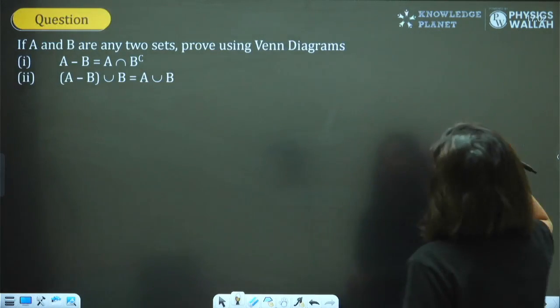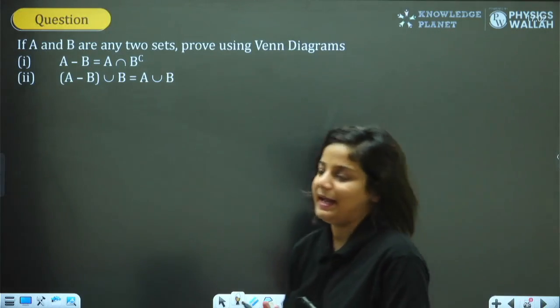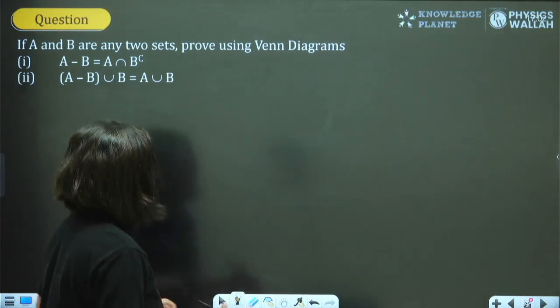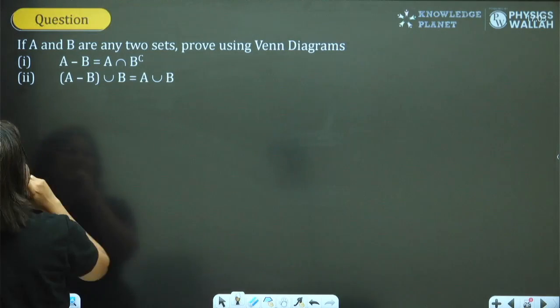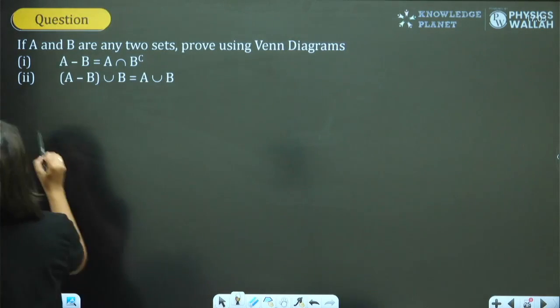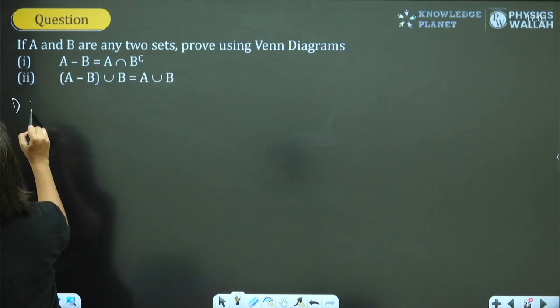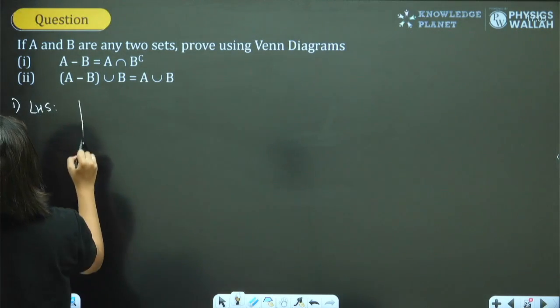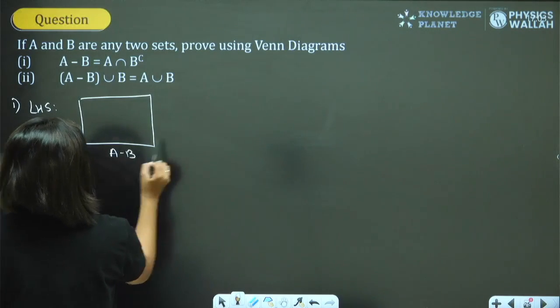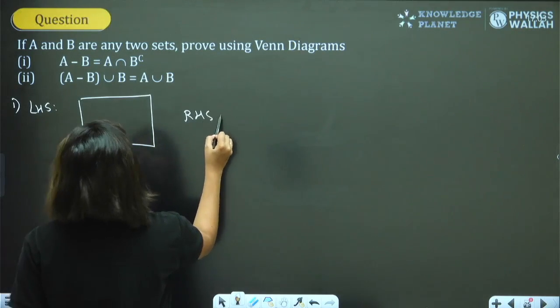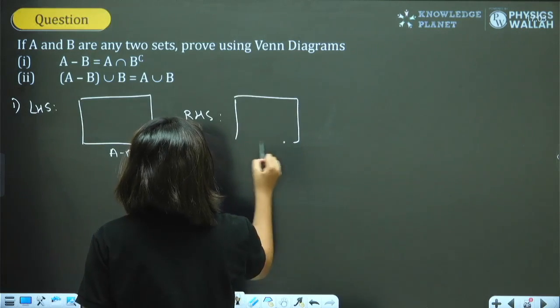Now the last question: prove using Venn diagram. So yeah, question 5. A minus B is A intersection B complement. Did we do this already? No, we didn't. So in the first question, I am trying to draw the LHS, which is A minus B. And if I try to draw the RHS, what all things are needed?